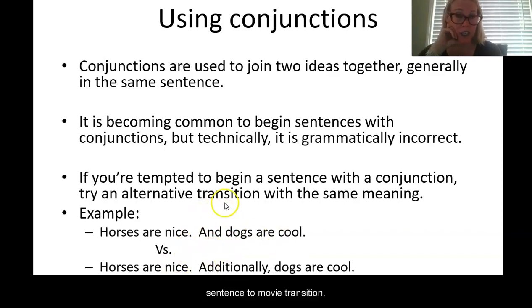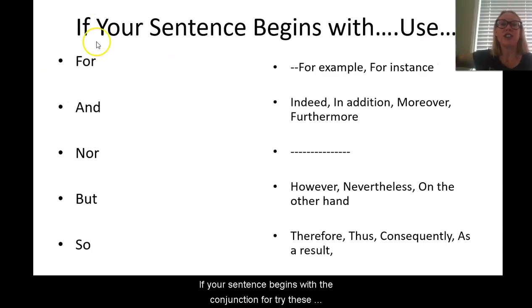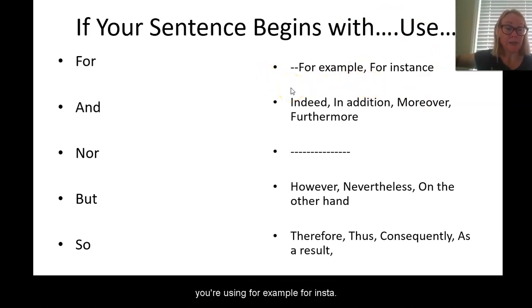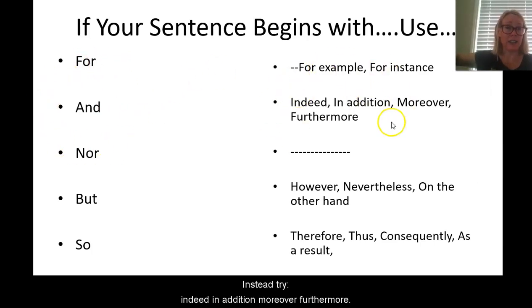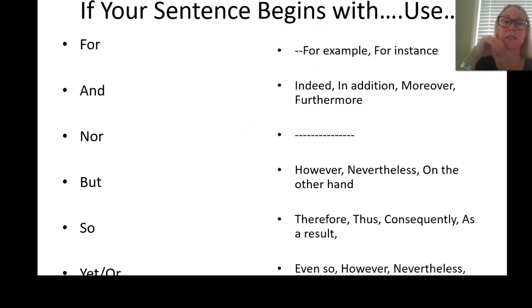the transition. So if your sentence begins with the conjunction for, try these transitions instead: for example, for instance. If your sentence begins with and, instead try indeed, in addition, moreover, furthermore. If your sentence begins with nor, there's not really a substitute, try rewriting the sentence.